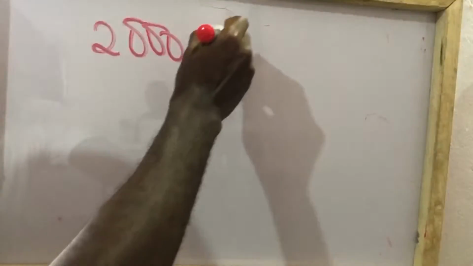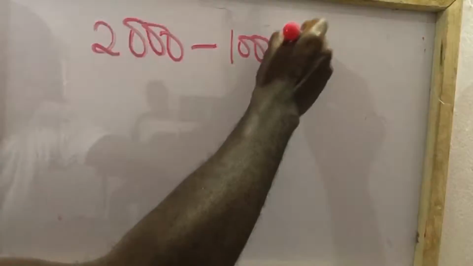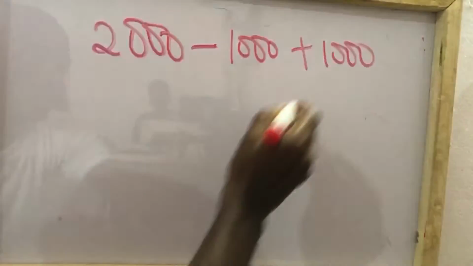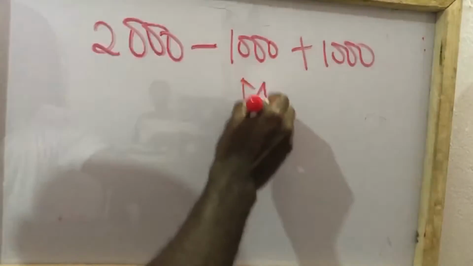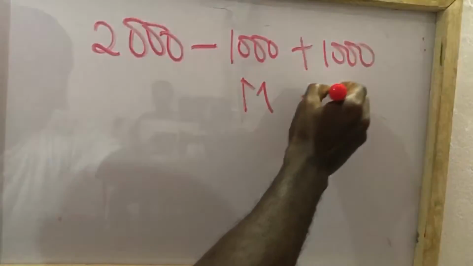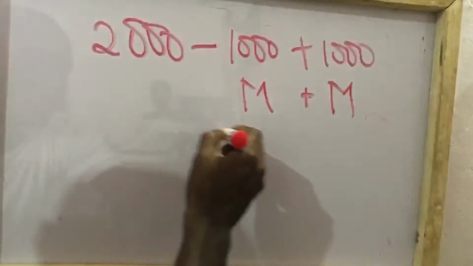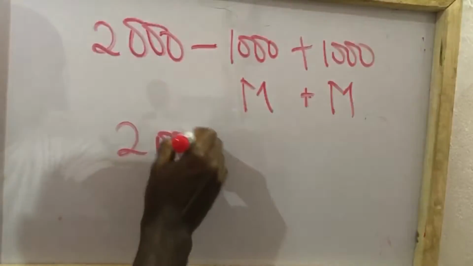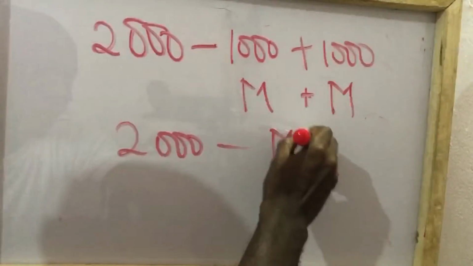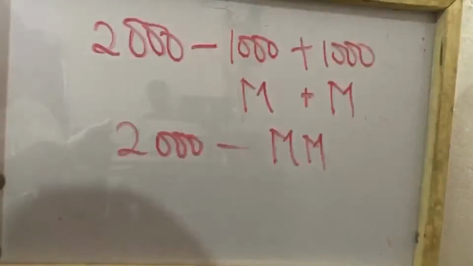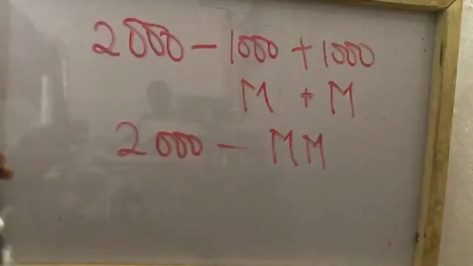So if we start from 2000, 2000 is 1000 plus 1000, which is M plus M. So that means 2000 will be written as MM.